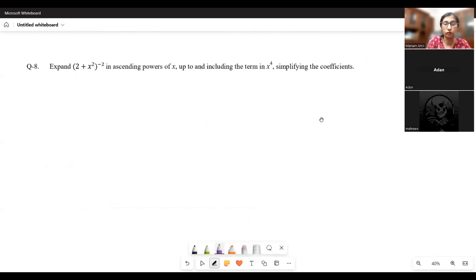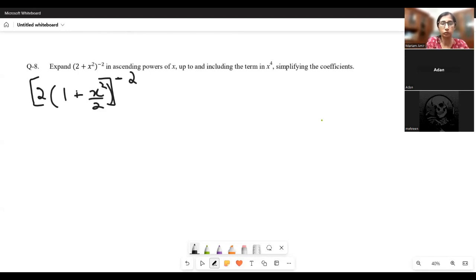Okay, so the first problem here is that the first term is not 1. That should be 1 before we can apply the binomial expansion formula. So what I'll do, I'm placing bigger brackets here with power minus 2. Inside, I'm taking 2 common, and I'm getting 1 plus x squared upon 2.